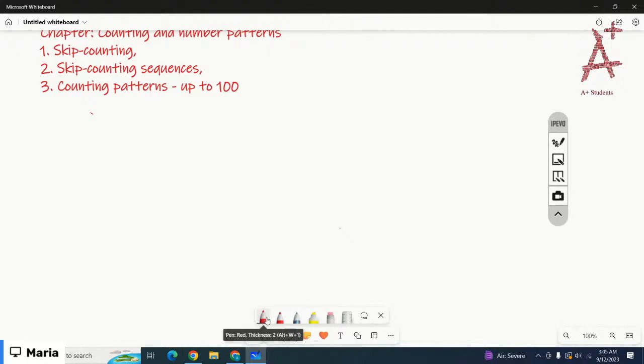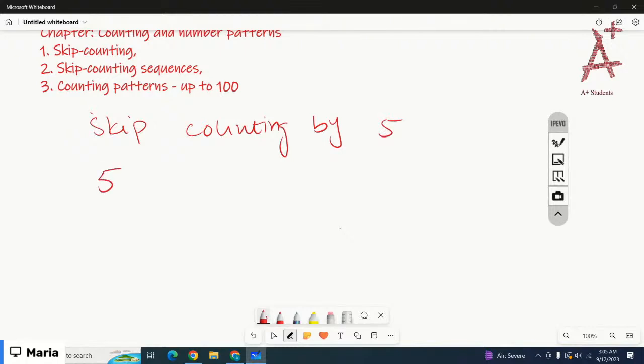We have to skip count by 5. The number you have to skip every time is 5, right? The first number is 5. The next number is 5 plus 5, 10, right? For the next number, you have to add 5, right?